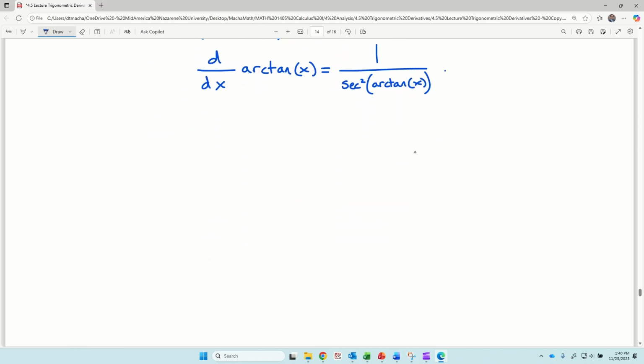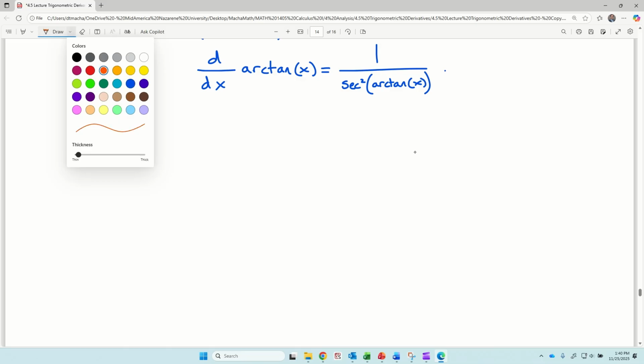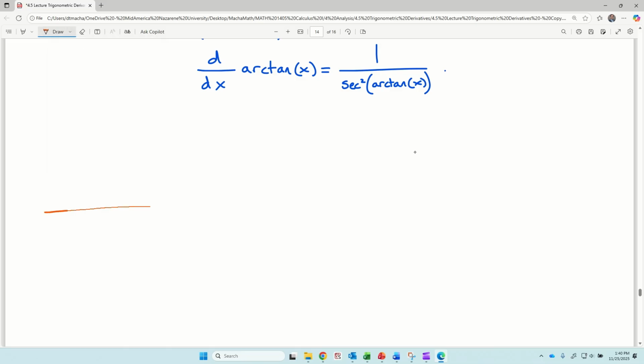To do this, we just need to draw a picture of a triangle. And in the corner of this triangle, I'm going to name this angle theta. And then I'm just going to arbitrarily label these sides x and 1, and then the Pythagorean theorem would imply that the hypotenuse is the square root of x squared plus 1.